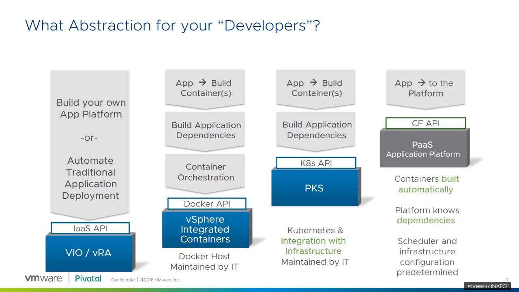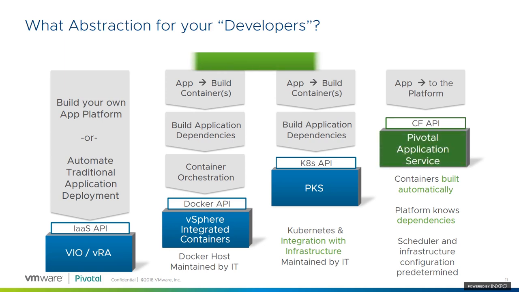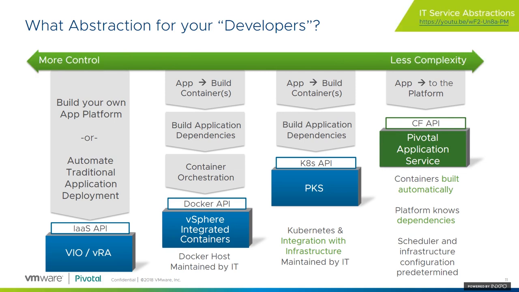And then if we take a look at the ultimate abstraction, which is the Pivotal Application Service or Cloud Foundry API, in this case, we're basically taking the application and we're passing the software artifact to the platform, and the platform will automatically take care of building the containers. The platform will automatically know all the dependencies and whatnot. So that's Pivotal Application Service. That's the ultimate abstraction for the consumer, depending on what they want to do.